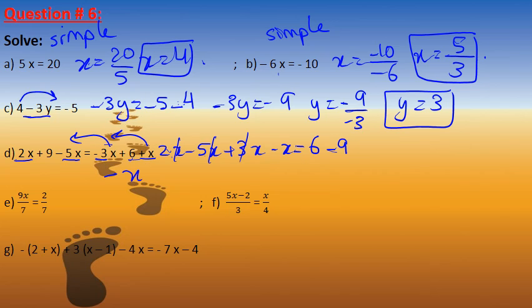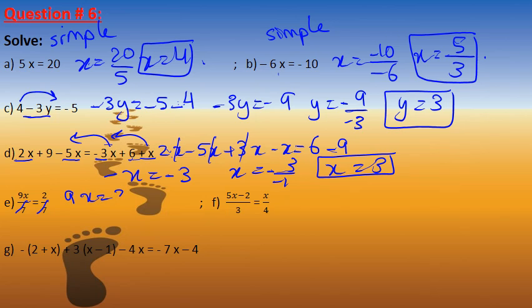Then minus x is equal to minus 3, x is equal to minus 3 over minus 1, then x is equal to 3. 9x over 7 equals 2 over 7. We divided both sides of the equation by the same number, so we can cancel it. Then 9x is equal to 2. This is a simple equation. x is equal to 2 over 9.